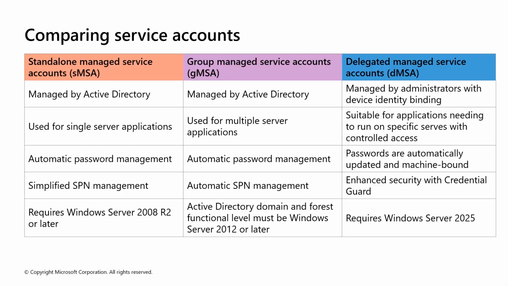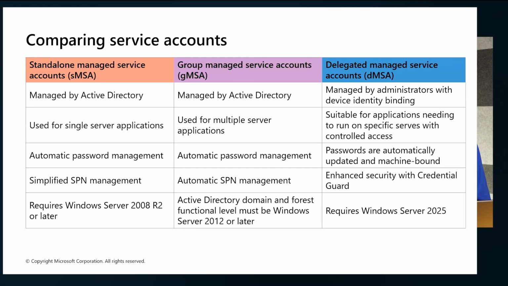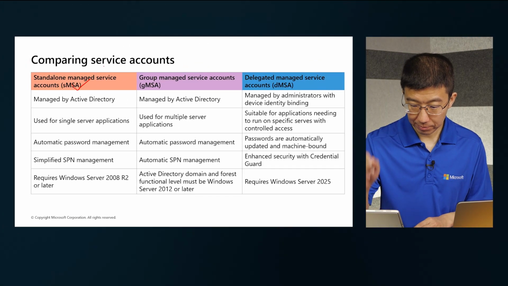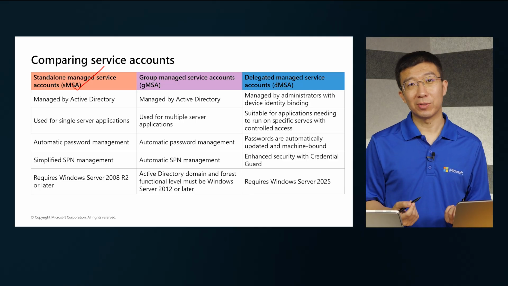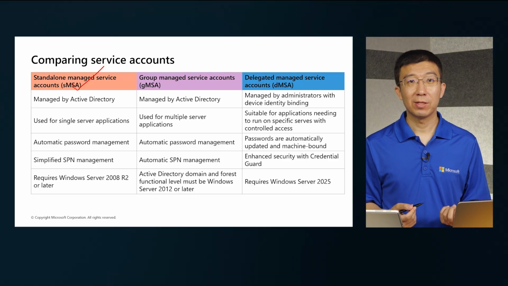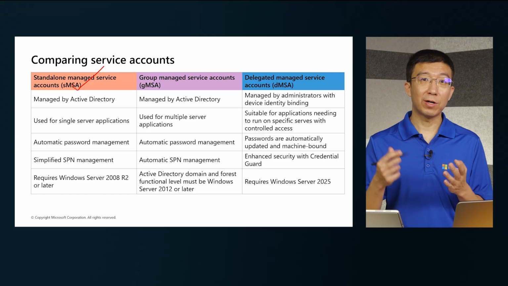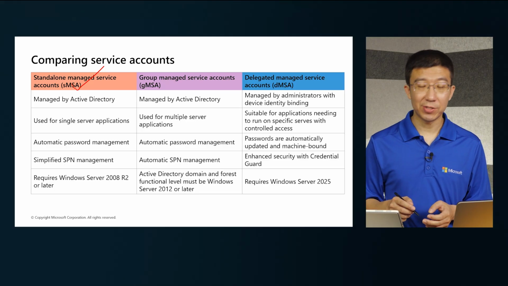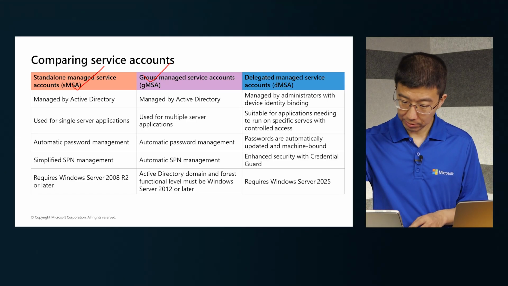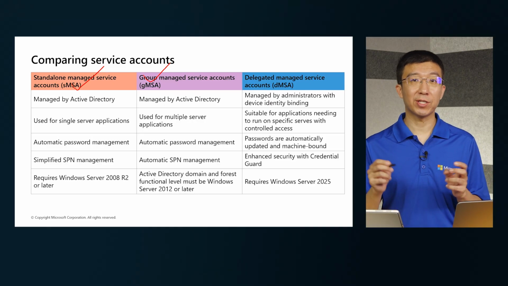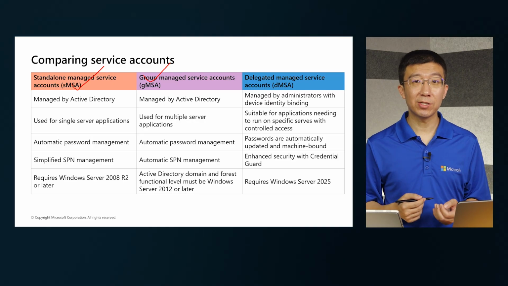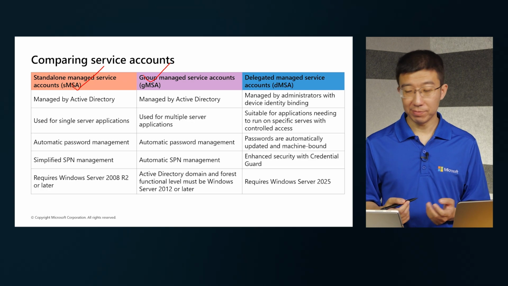Service accounts are special accounts used by applications and services. There are three main types. Standalone managed service accounts are used for single server applications. Group managed service accounts are for applications running on multiple servers.